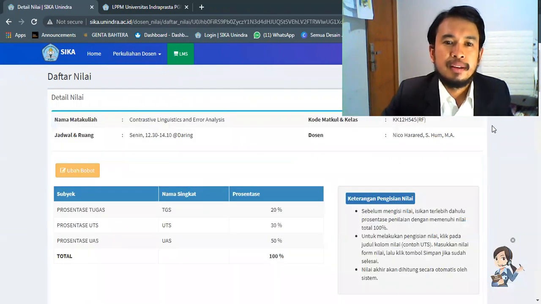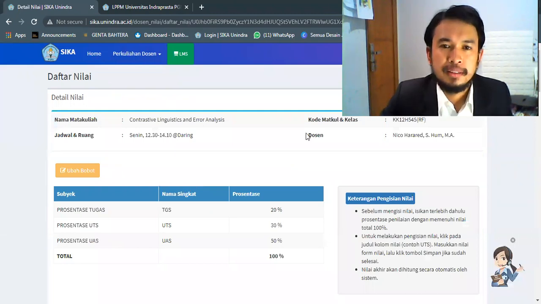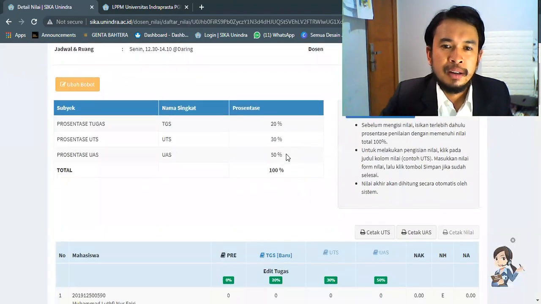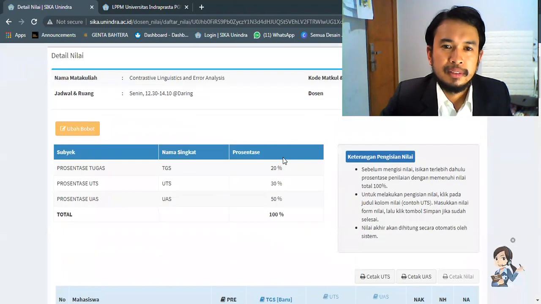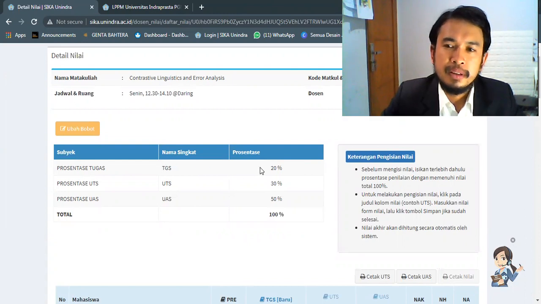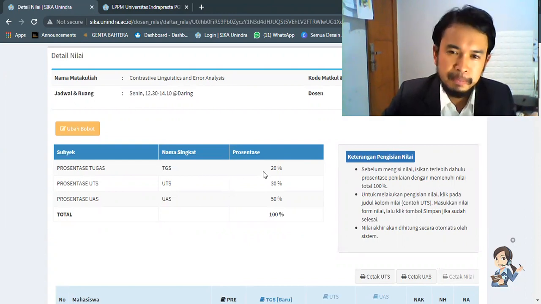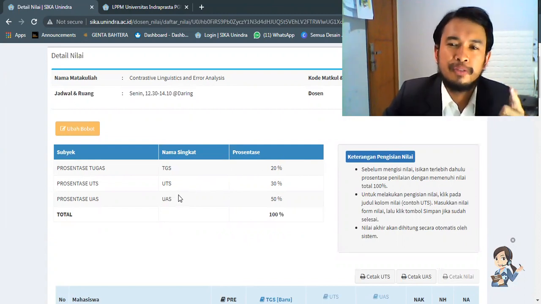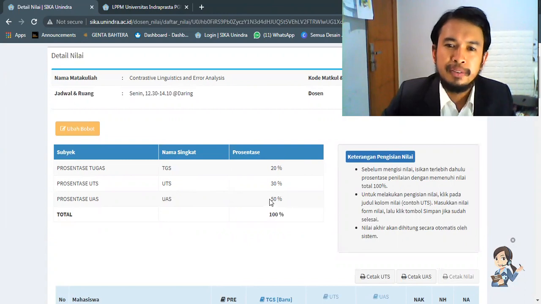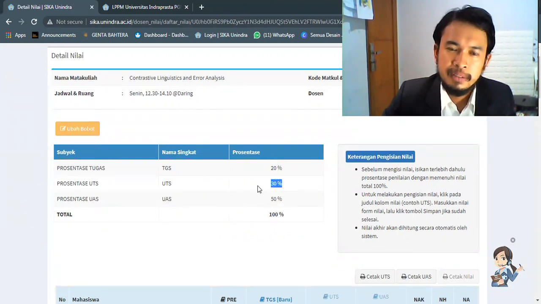So there must be assignment, mid test, and also final test: 50% for final test, 30% for mid test, and 20% for assignment.